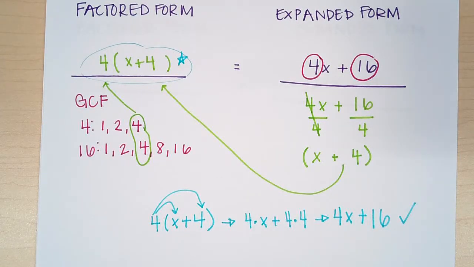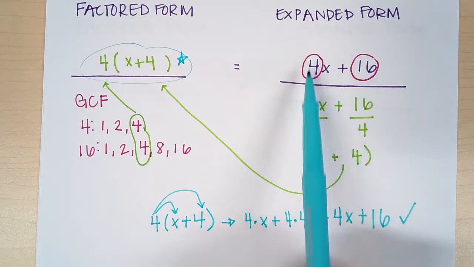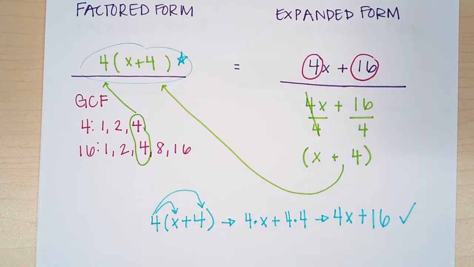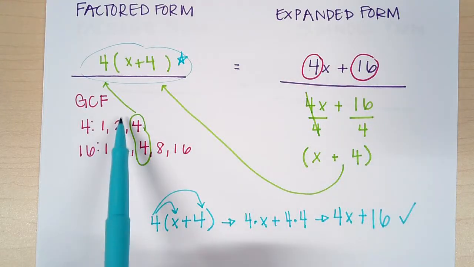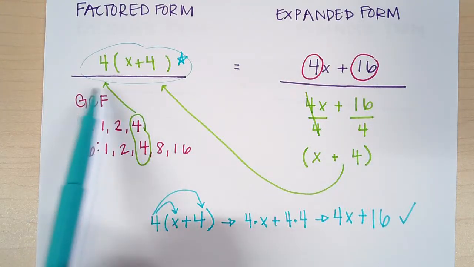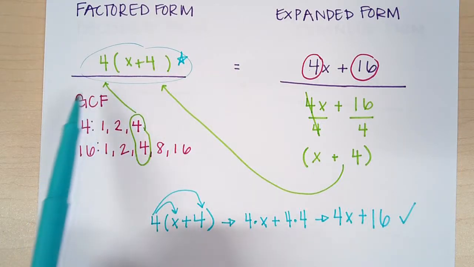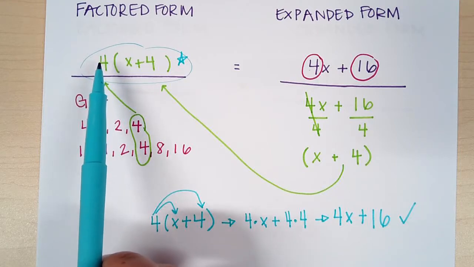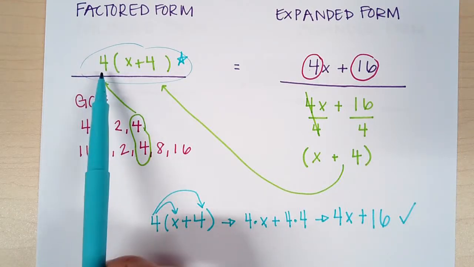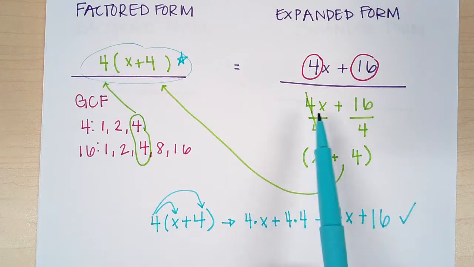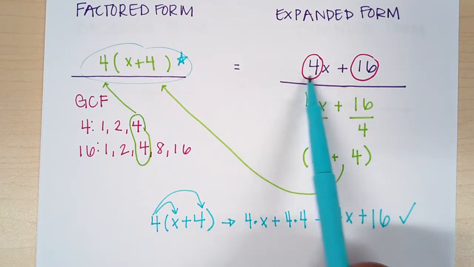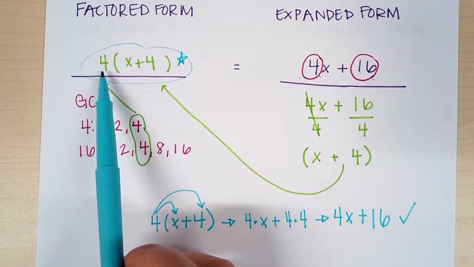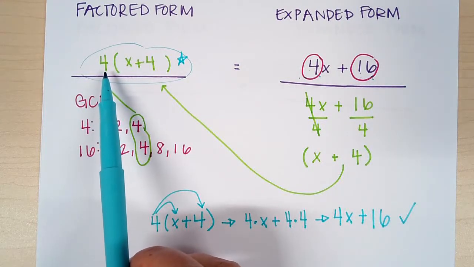So let's go through that real quick again. I start off this time with my expanded form. I go ahead and take the numbers, or at times a variable, and I go ahead and determine what the GCF is. I find the factors, and the greatest factor will pull out by division and come outside of those parentheses. From there, I divide each of my terms by the number that I'm pulling out, by that factor.